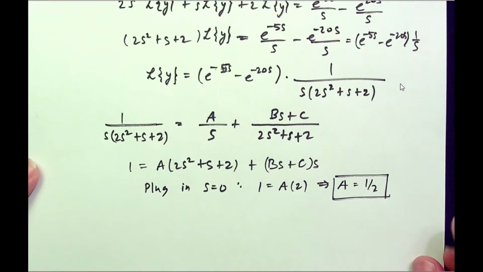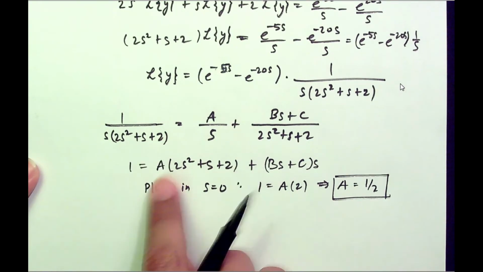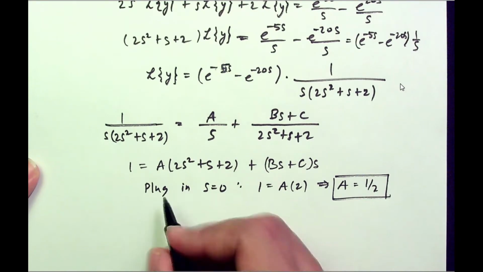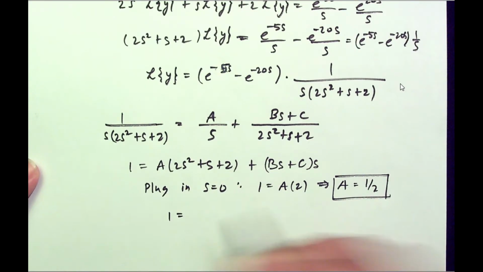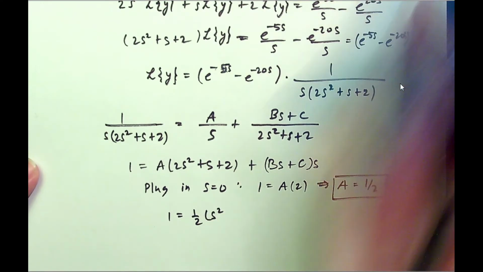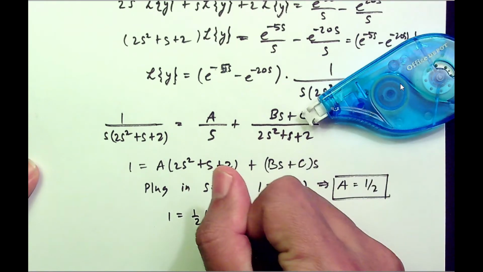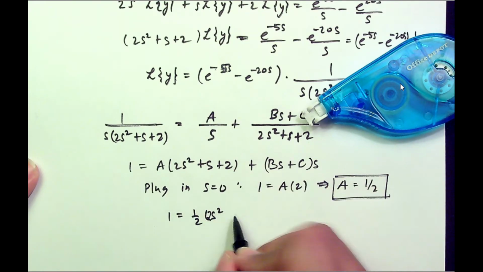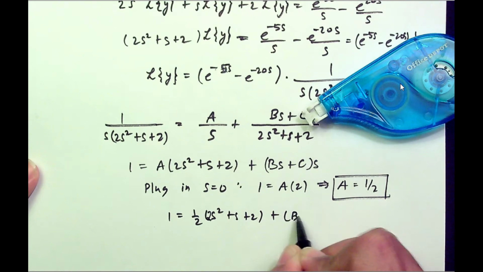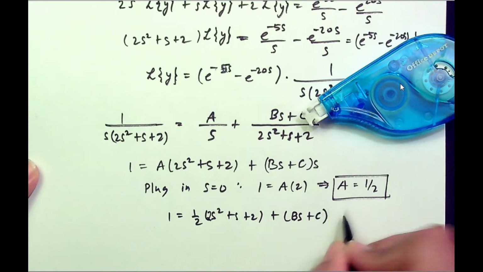And now, if A equals a half, that means I can put that over here. That means that 1 equals a half times 2s squared plus s plus 2 plus Bs plus C times s.